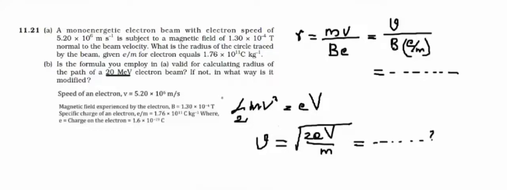Again, at such a high energy, you need to consider relativistic mass variation, as we have seen in the previous problem. So here this mass m you have to take as m naught divided by under root 1 minus v square by c square, then only you will get a correct answer. So relativistic mass variation must be used in this case also.